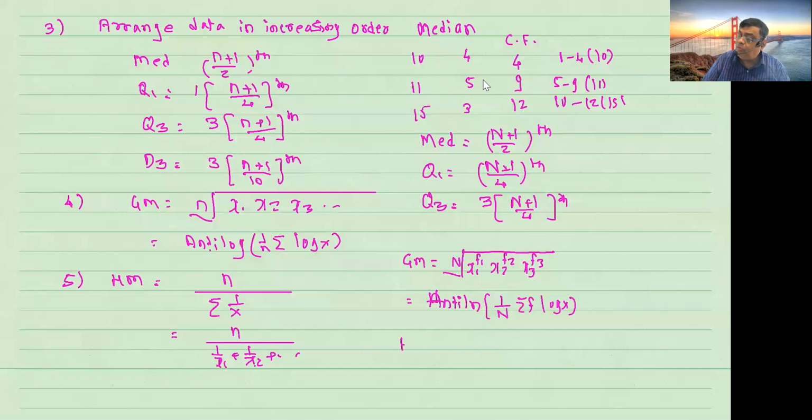And harmonic mean is equal to capital N upon summation f upon x. Clear? Is that clear?